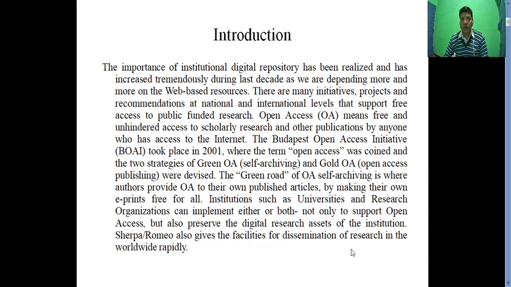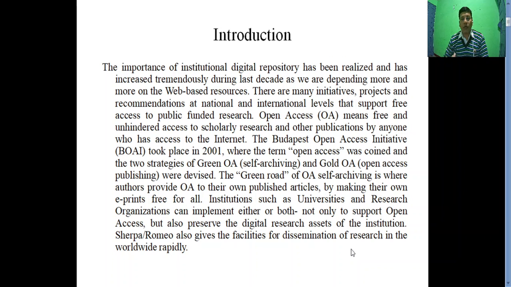The Budapest Open Access Initiative took place in 2001, where the term open access was coined, and the two strategies of green open access, self-archiving, and gold open access publishing were devised.